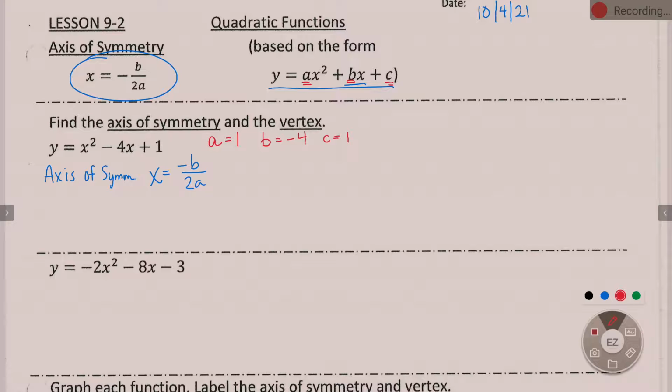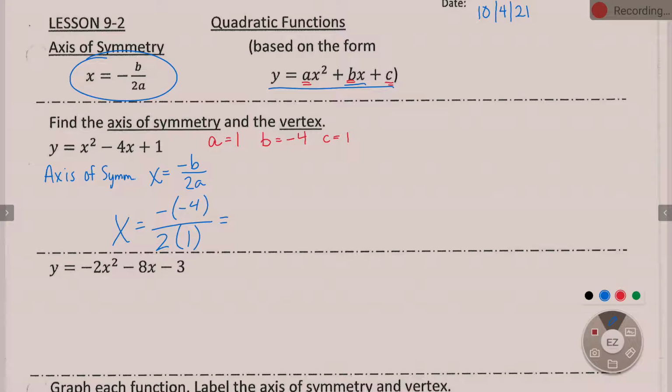Okay? So let's fill in our formula here. X equals negative b over 2a. So negative, what's b? Negative 4. Negative 4 over 2 times, what's a? 1. Yeah, you got it. What do we mean for the negative of negative 4? That's going to be positive.